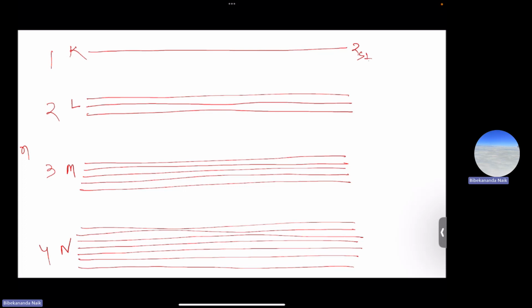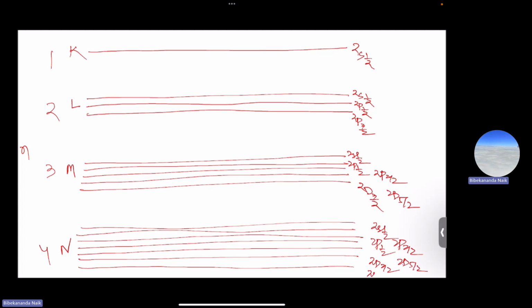For L it is 2s 1/2, 2p 1/2, 2p 3/2. For M it is 3s 1/2, 3p 1/2, 3p 3/2, 3d 3/2, 3d 5/2. Similarly for these seven levels of N, it will have 4s 1/2, 4p 1/2, 4p 3/2, 4d 3/2, 4d 5/2, then 4f 5/2, 4f 7/2.